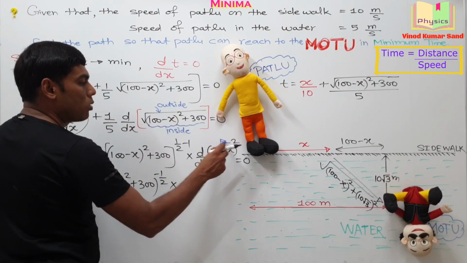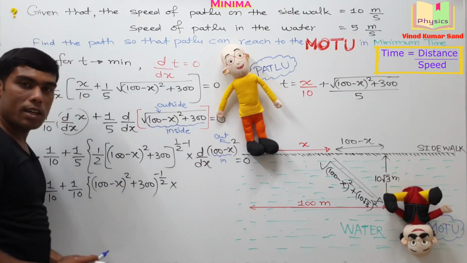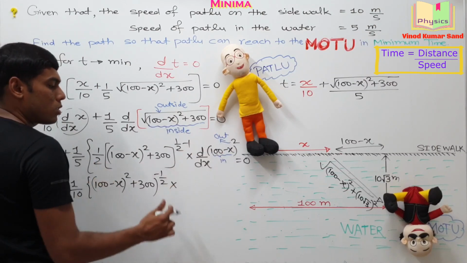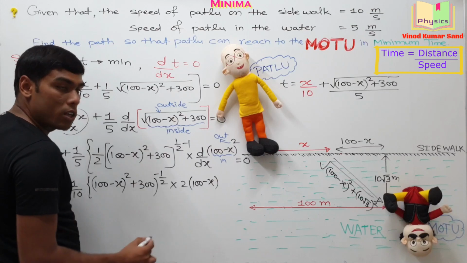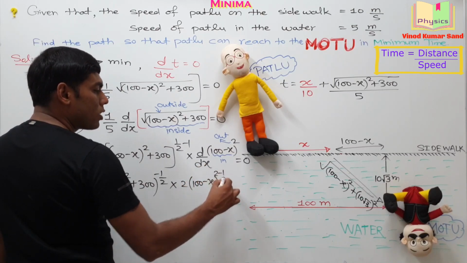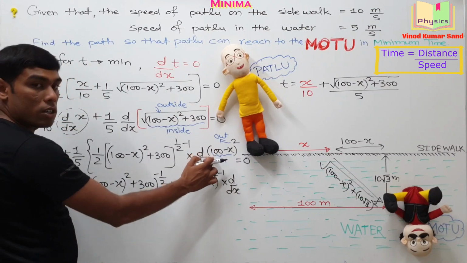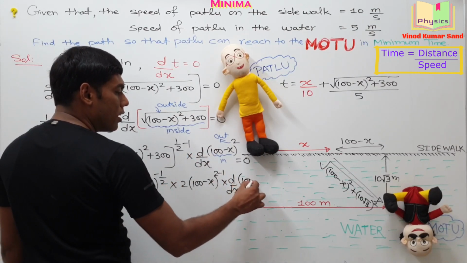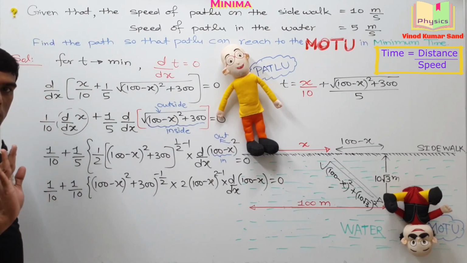Here this power 2 is outside and whatever lies here is the inside function. To differentiate this power 2, we will write (100 minus x) to power 2 minus 1 into d by dx of the inside function, and inside function is 100 minus x. This all must be equal to 0.